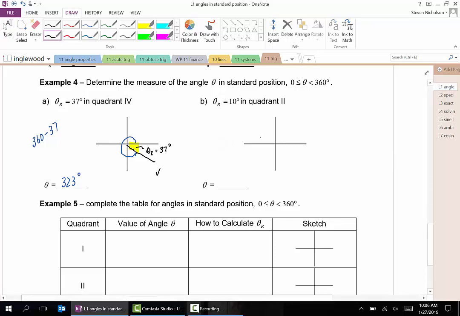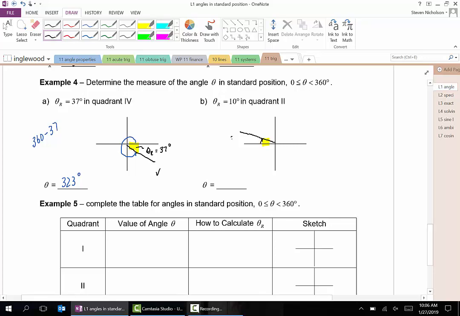So again, it doesn't matter how you draw the picture, but the better you draw it, the more realistic. Here's our angle of 10 degrees. So we can imagine, again, we're going up.